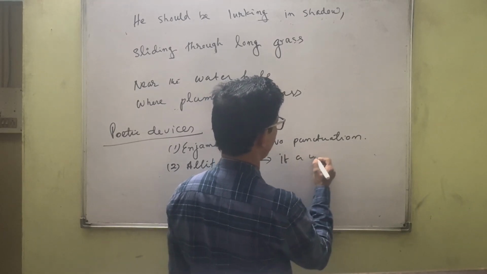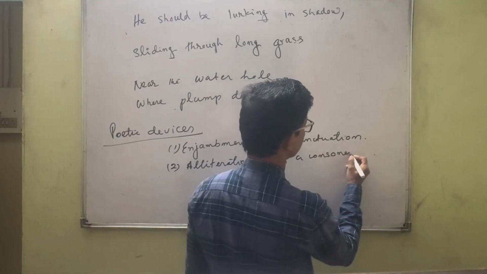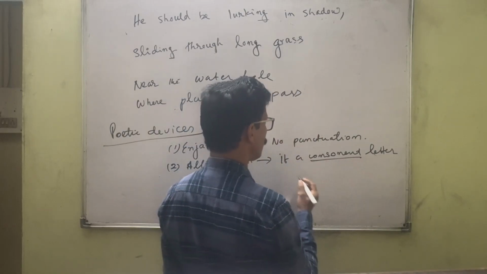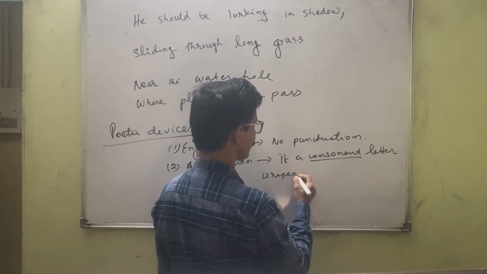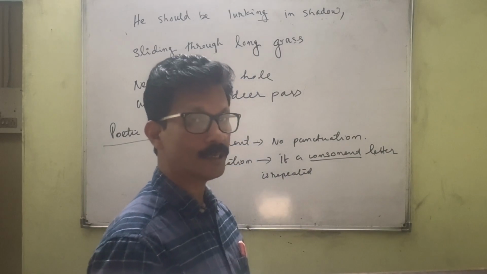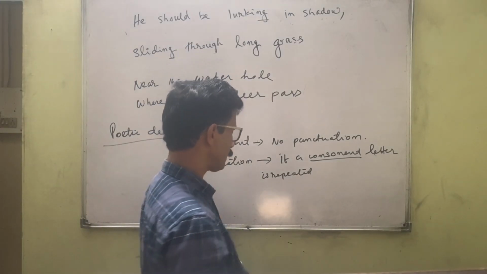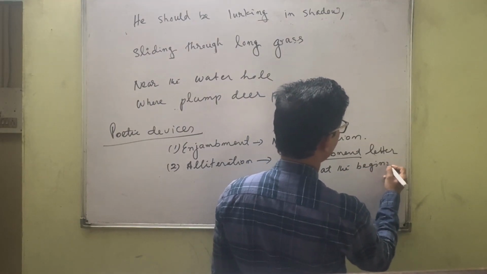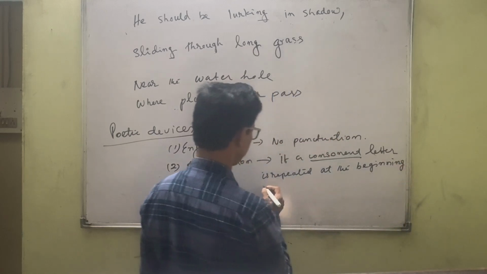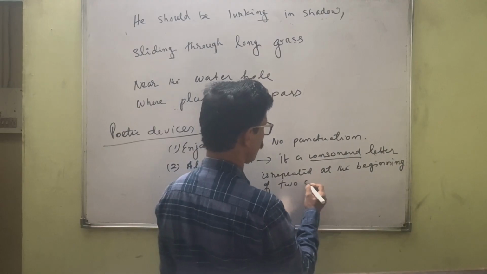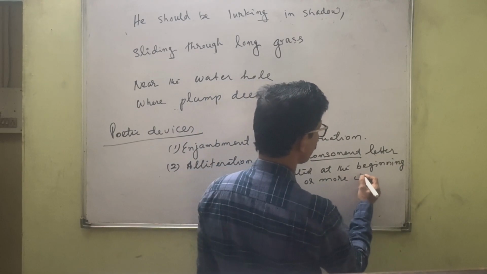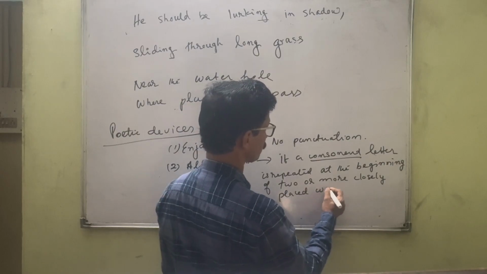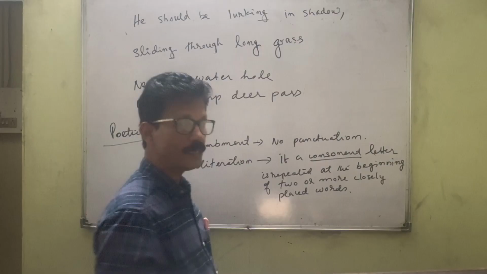If a consonant letter is repeated at the beginning of two or more closely placed words, that is called alliteration.